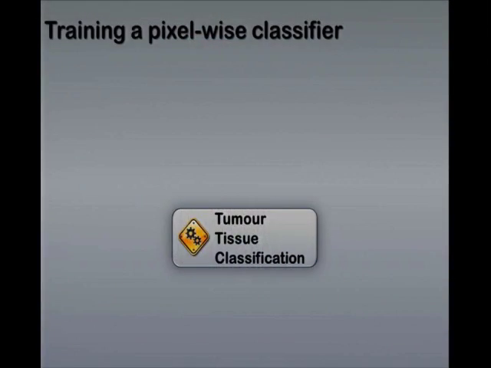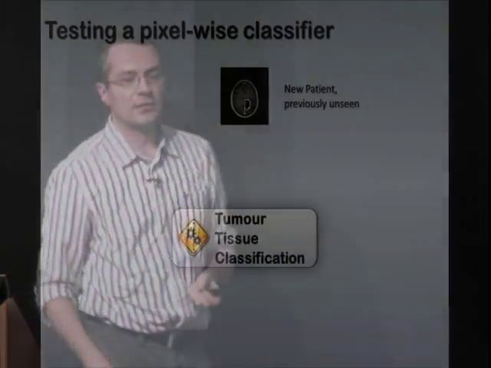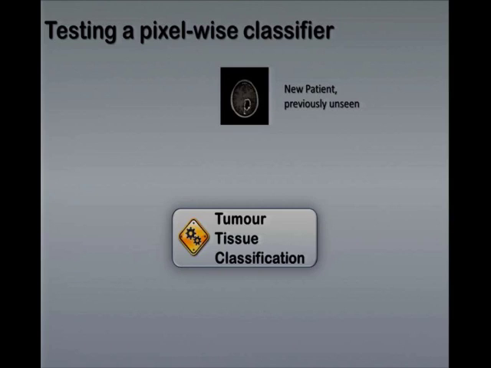And have the system learn from all this experience, from all this data that has already been labeled by some experts into tumor, non-tumor, active cells, necrotic core. And once I have learned this model, we call it tumor tissue classification engine, then I can apply this engine to a new previously unseen patient.